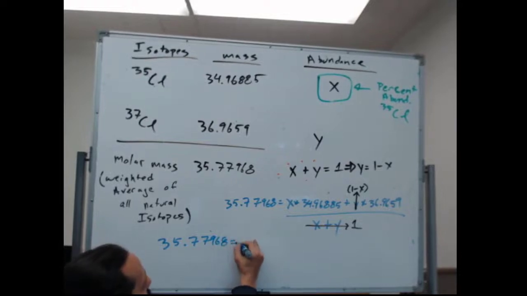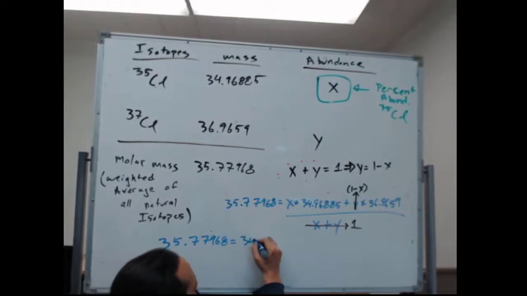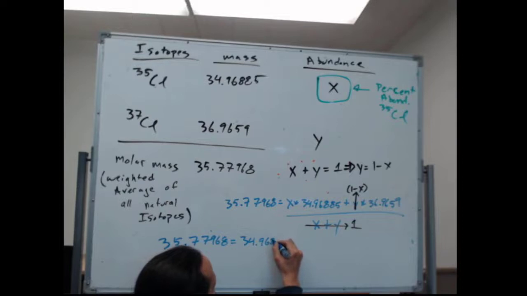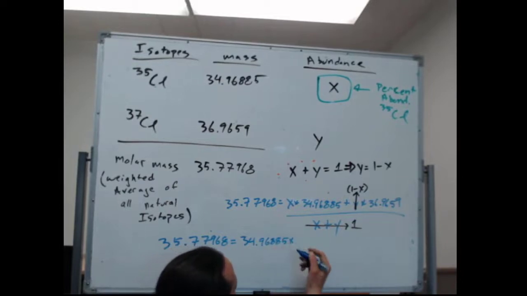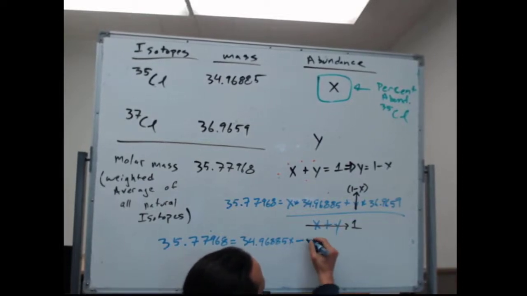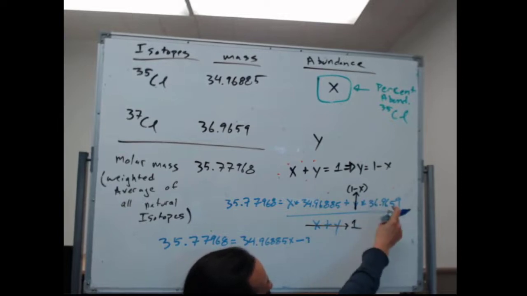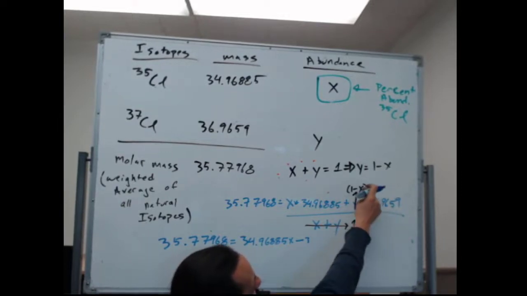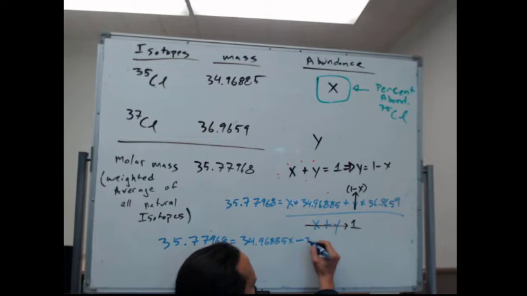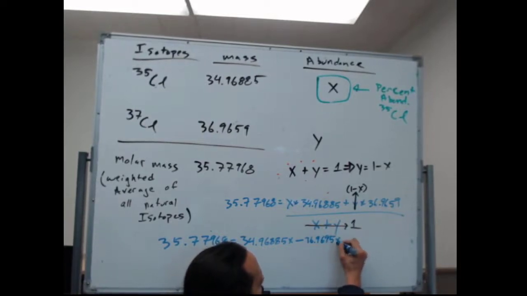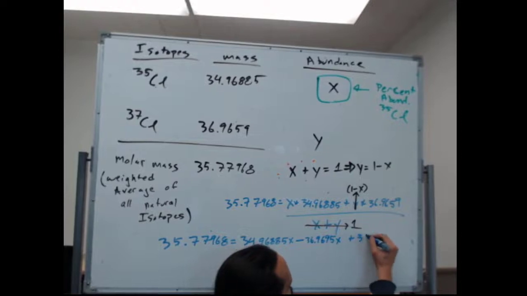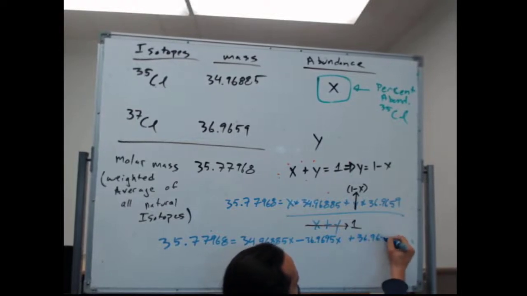35.77968 is equal to 34.96885x minus 36, distributing the 36.9659 to the negative x and to the 1. I'm going to get minus 36.9659x plus 36.9659.